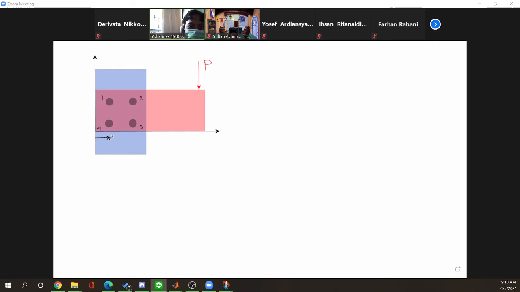So this is the coordinate of each rivet. x1 and x4 will be the same, and x2 and x3 is the same.